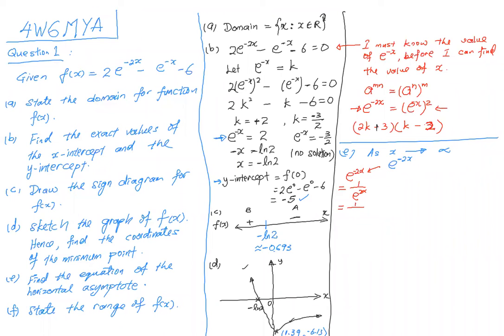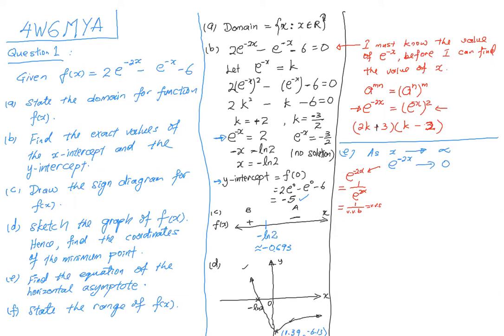You see? Very, very big. So it becomes very, very small. So approaches what? 0. Yeah. So approaches 0.